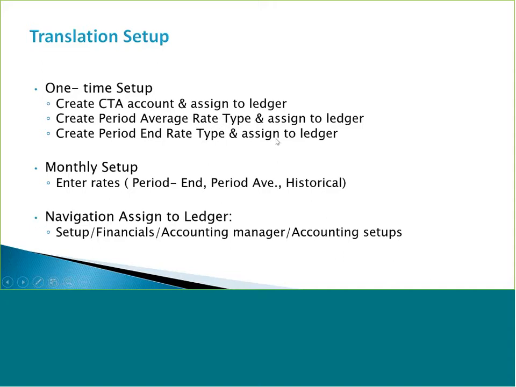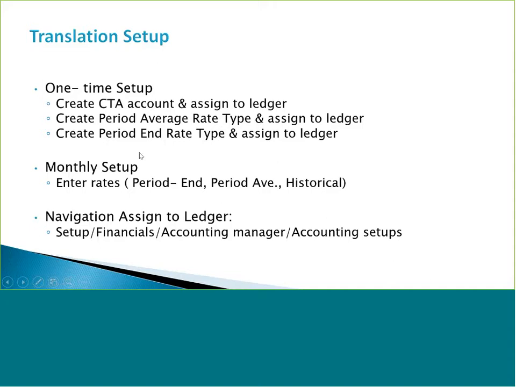Okay, so we'll go to our accounting setup screen, and there's a place where we are going to specify each of these three things, so that the system can know that when translation is going on, this is where the period end rate is going to be drawn. This is where the period average rate type is going to be drawn, and this is the CTA account where those differentials are going to be posted. So that is the one-time setup part.